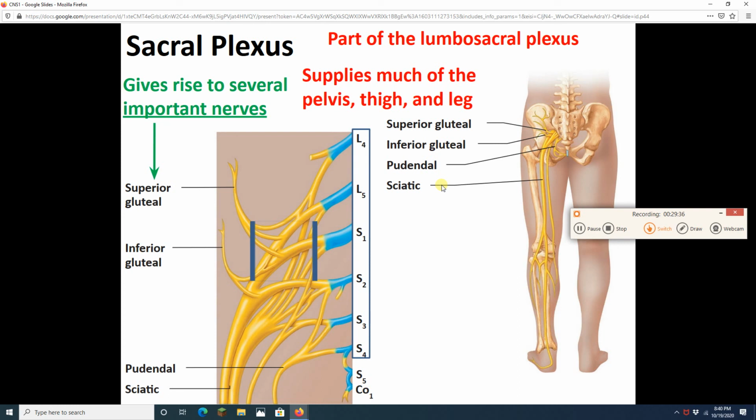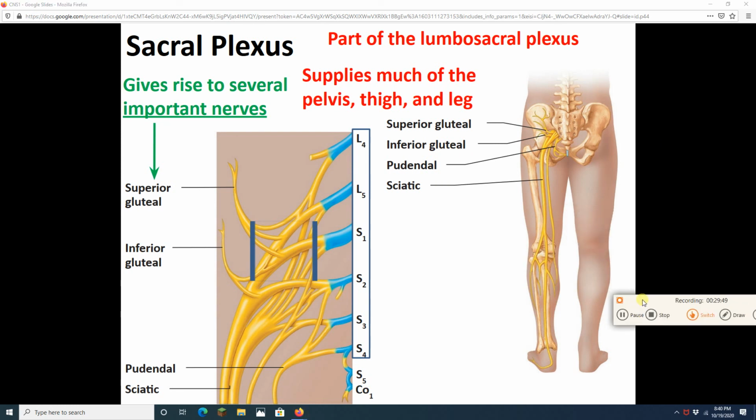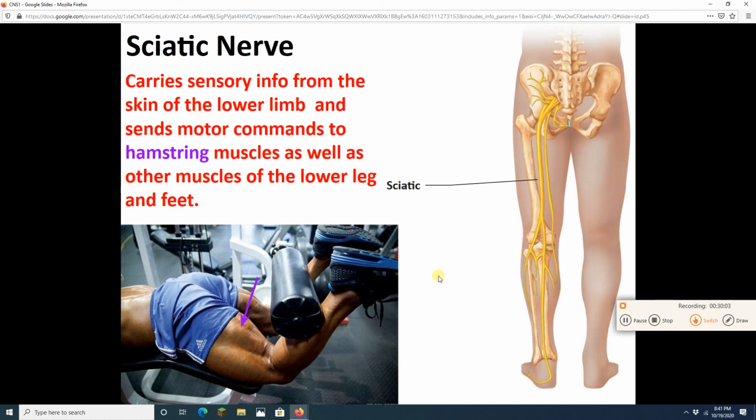And the word pudendum means the thing to be ashamed of. I kid you not, which is just ridiculous and terrible and horrible. That word is no longer used quite as much, but the word pudendal kind of persists. It definitely needs to be replaced. All right, anyhow, let's talk about some of these nerves.